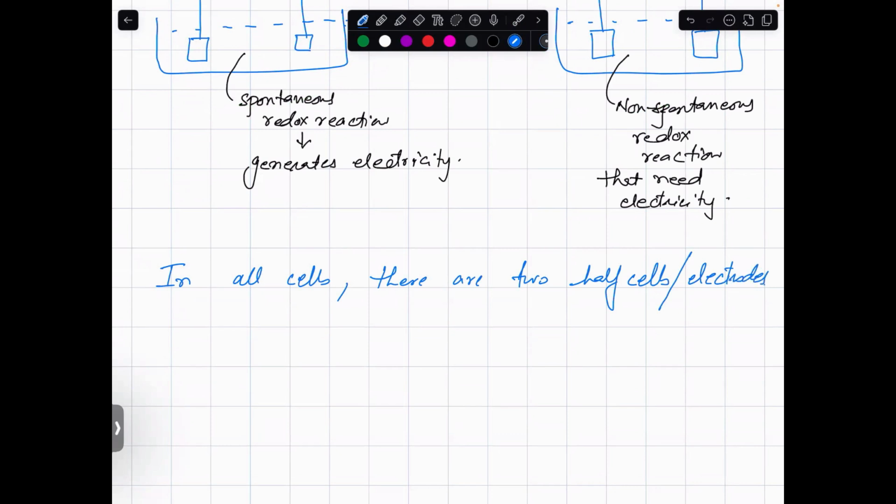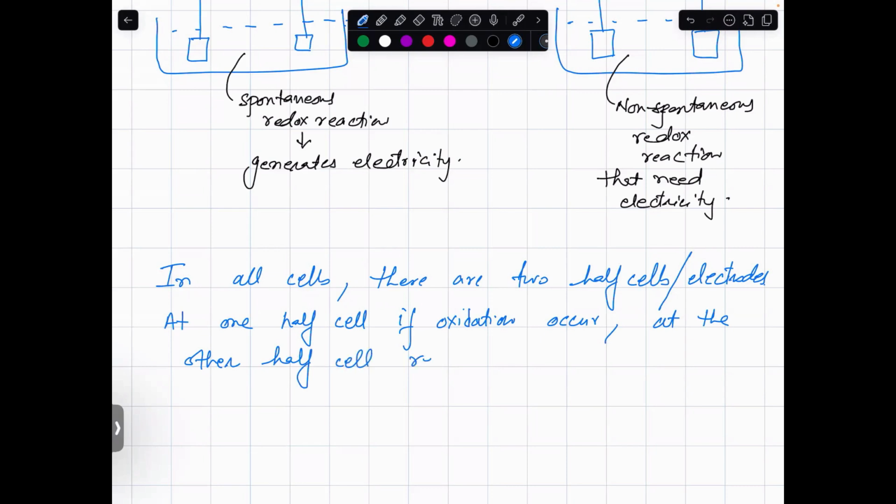At one half cell, oxidation occurs, and at the other half cell, reduction.